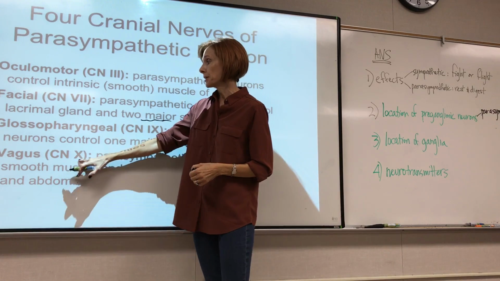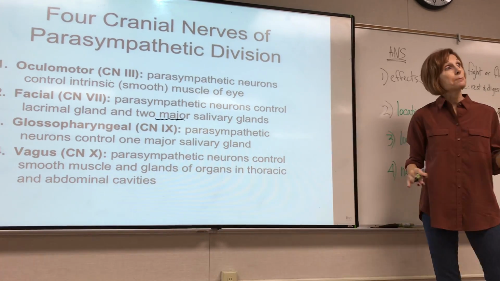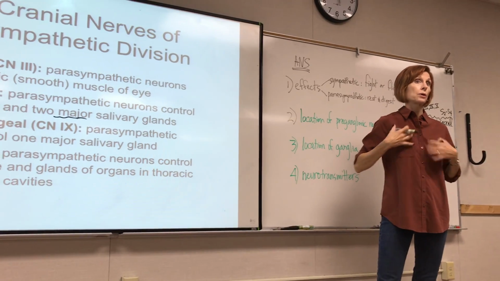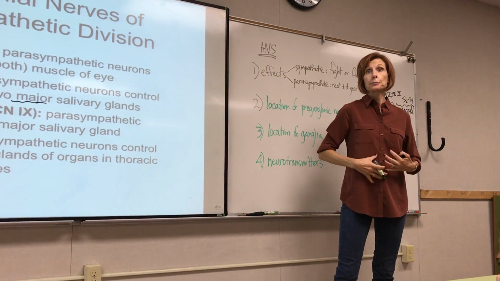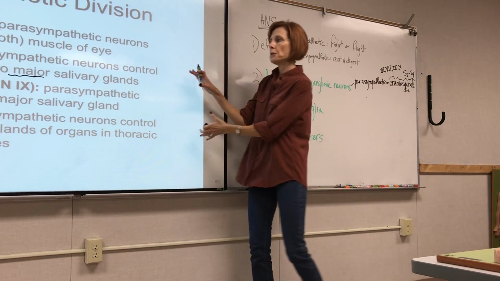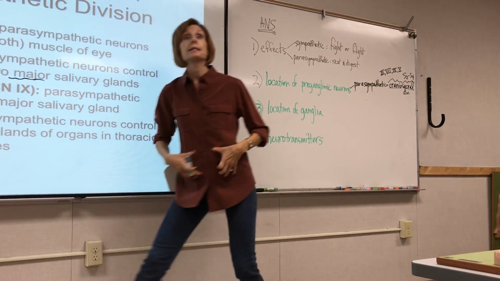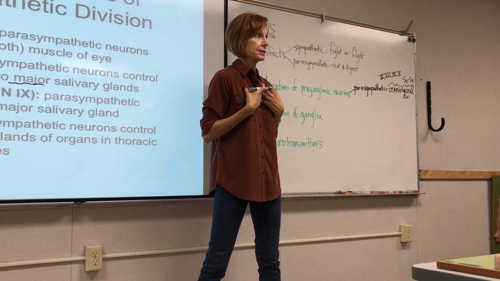And then finally the vagus nerve. This one again is really important because this is the nerve that carries parasympathetic neurons to all of our organs of the thoracic and abdominal cavities. When you review these, you will see that this is the cranial nerve that carries sensory information from our organs.